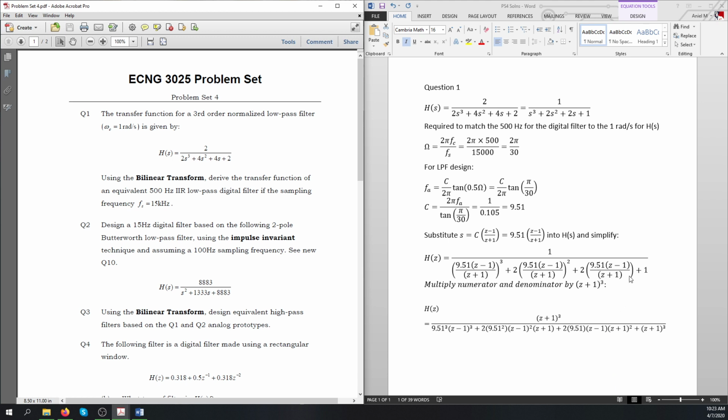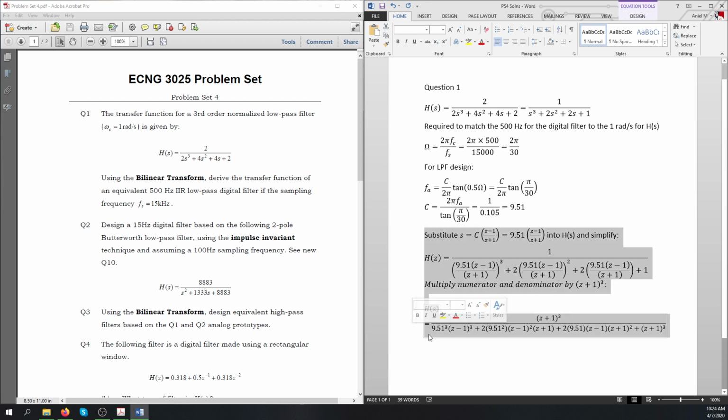Alright, so for this question in particular, this tends to come as about a 10-mark question. The mark breakdown would be such that you'll get marks for calculating omega here, which might be 1 or 2 marks. The other 1 to 2 marks will be for calculating C. Then the remaining 6 marks will be for doing the substitution and resolving h of z, because this is where the majority of the work lies.